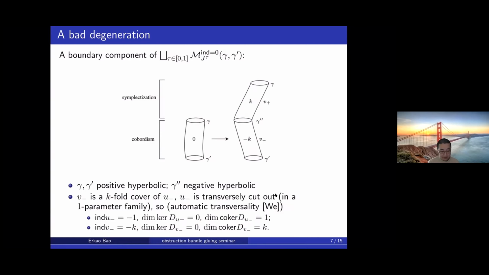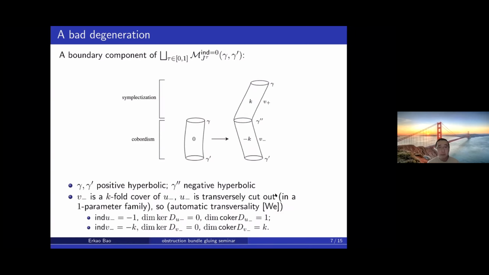For V minus, the kernel is also 0-dimensional, while the co-kernel has dimension K. That follows from automatic transversality.